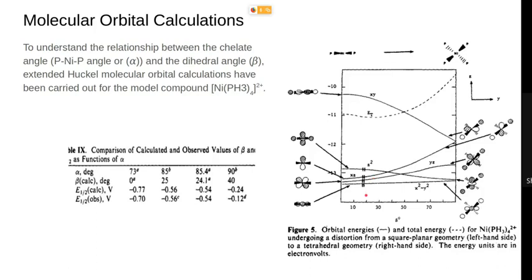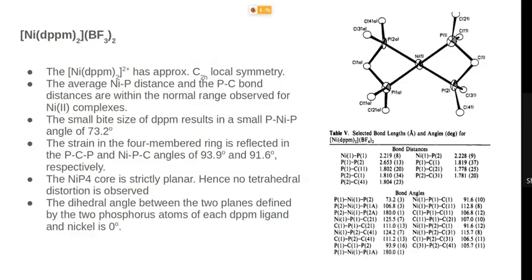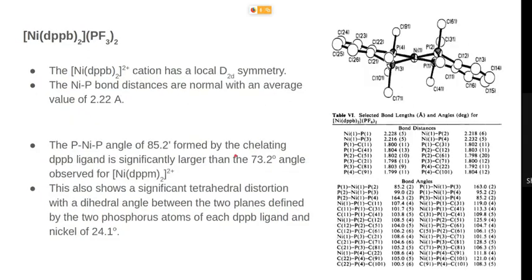At an optimum beta angle, the energy would be minimum, where there is a balance between these stabilizations and destabilizations. From these calculations, it was found that for alpha equal to 85 degrees, beta was 25 degrees, which is very close to what we have seen in this case. Here it is 24 degrees for 85.2.